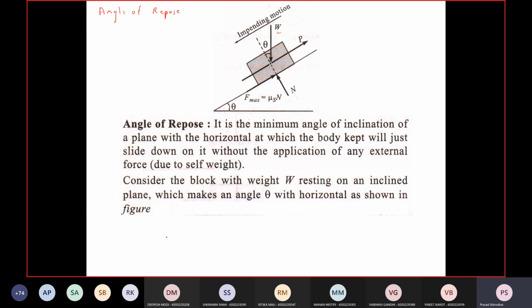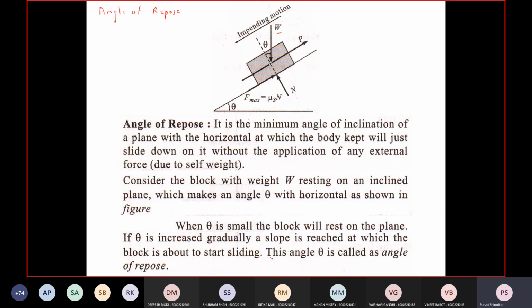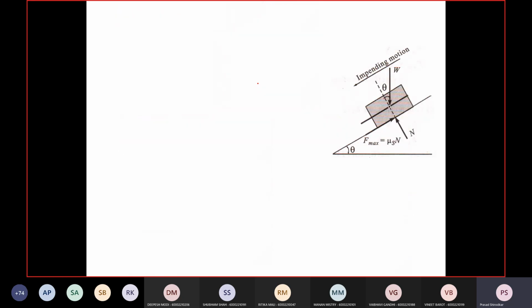As you keep on increasing theta, at a certain angle this block will slide due to its own weight. Okay, so that angle theta is called the angle of repose. So now let's see what is the similarity between the angle of friction and the angle of repose.